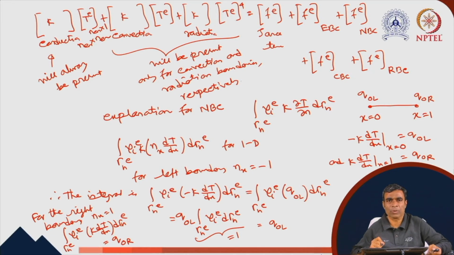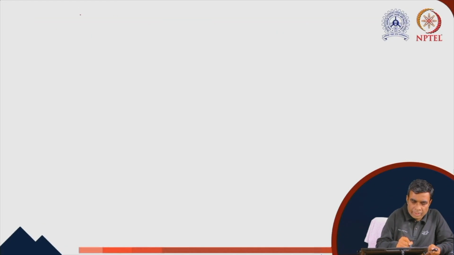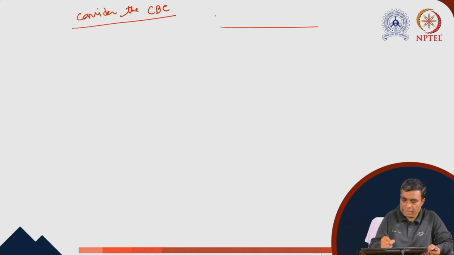Similarly, we can consider the cases of convection and radiation. Here, we shall illustrate the case of convection for the one dimension case. So, consider the CBC. Now, for the same bar at the left boundary at x equals 0, we have convective heat transfer coefficient h_1 and free stream temperature T∞1.